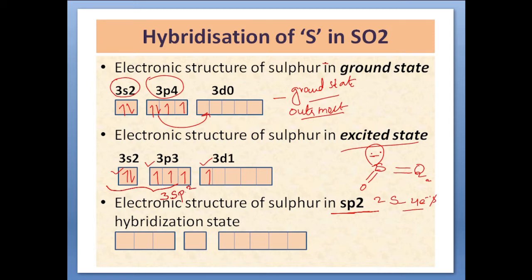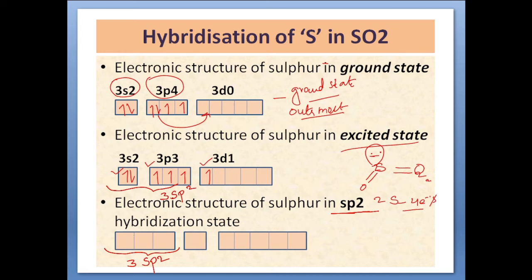In this, 2 hybrid orbitals contain unpaired electrons. See here, 3 sp2 hybrid orbitals.